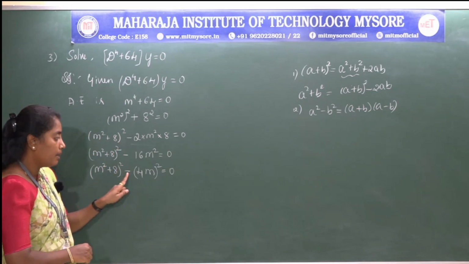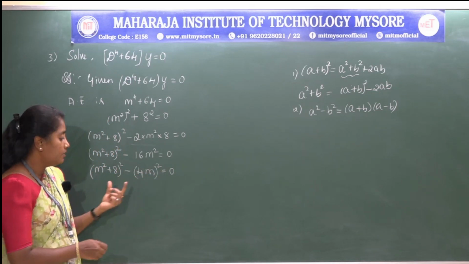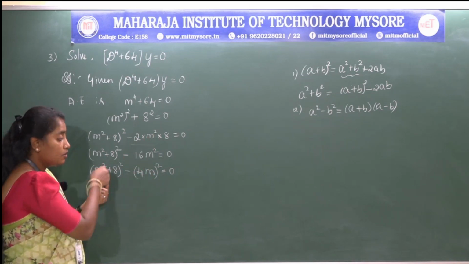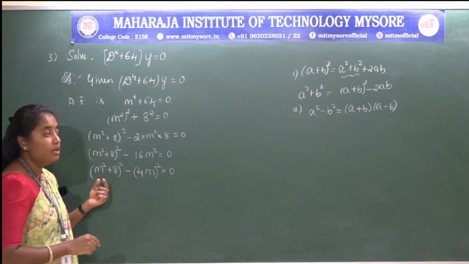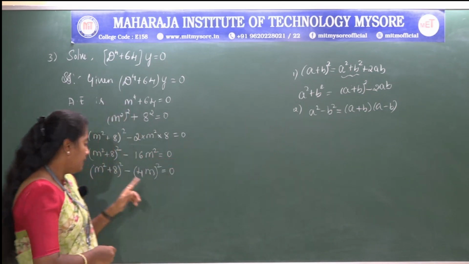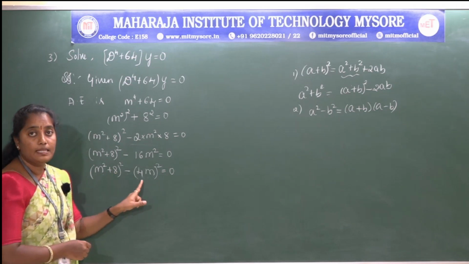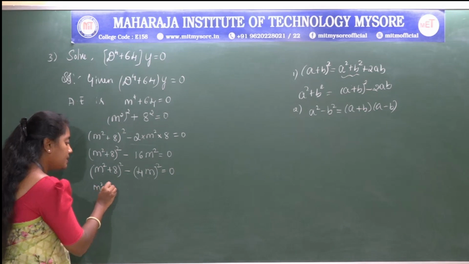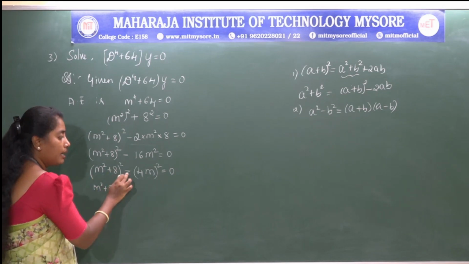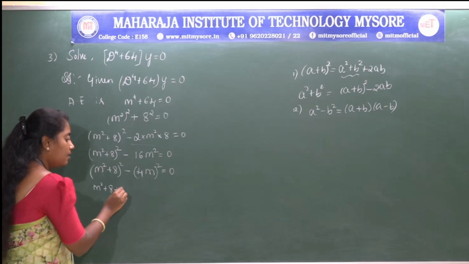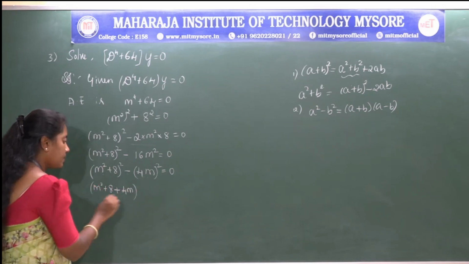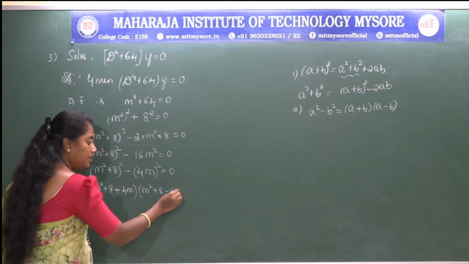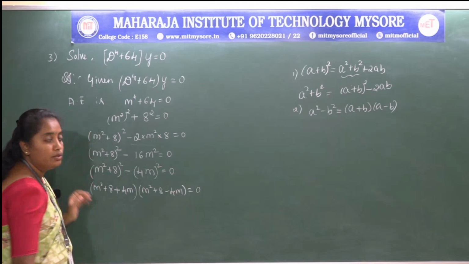A square minus b square is equal to a plus b into a minus b. So I am writing this obtained result in the factor form by applying this result, where a is equal to m square plus 8 and b is equal to 4m. Substituting, a square minus b square equal to a plus b into a minus b, we get m square plus 8 plus 4m into m square plus 8 minus 4m equal to 0.